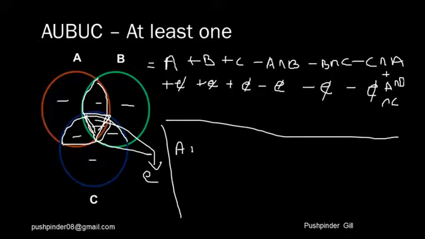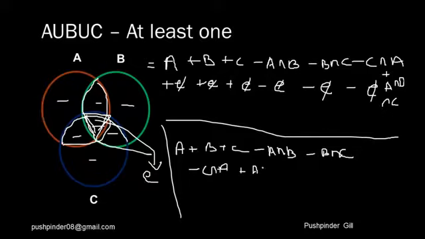It's A plus B plus C minus A intersection B minus B intersection C and minus C intersection A plus A intersection B intersection C. So this is how you calculate at least one. Till right now you must have been taught this in your high school, A union B union C.